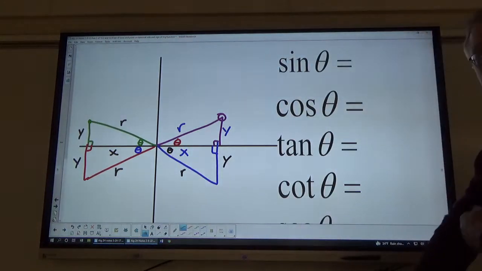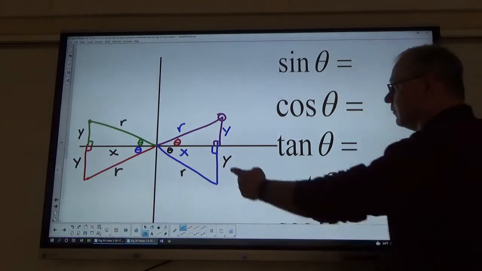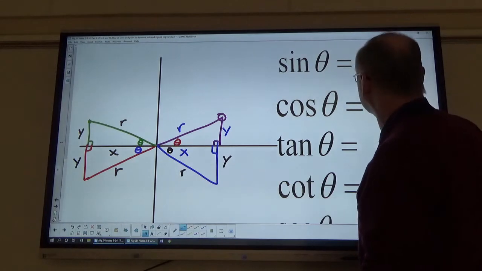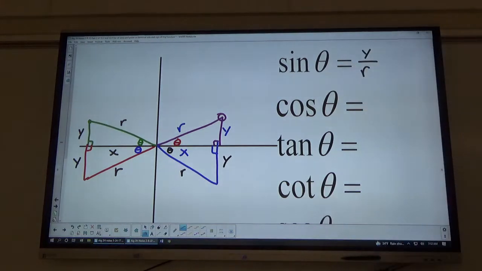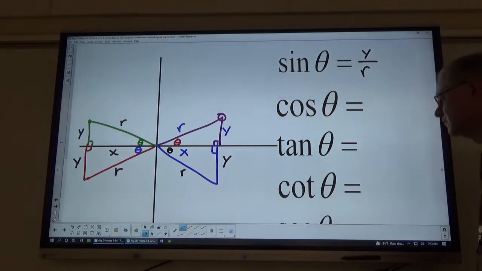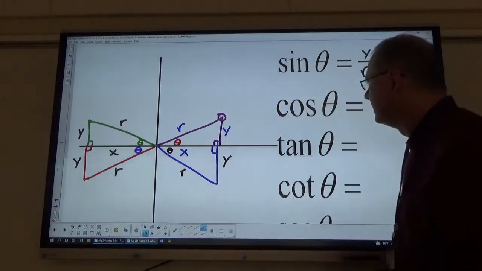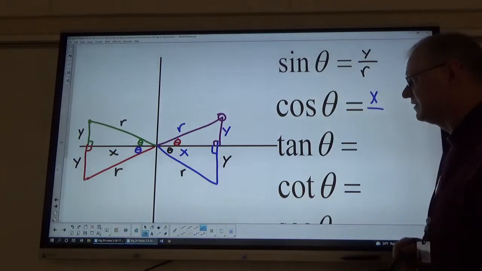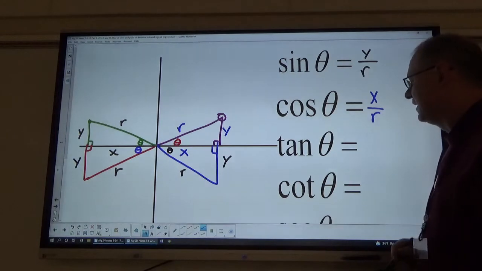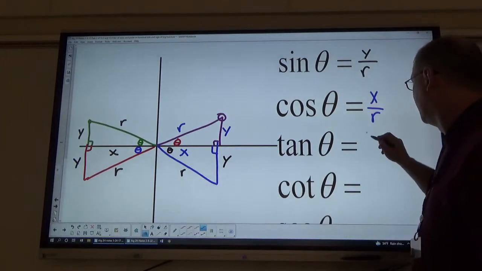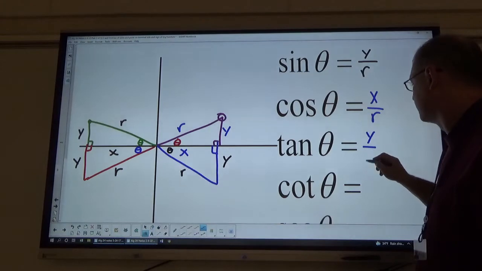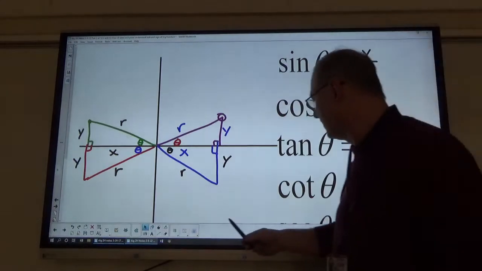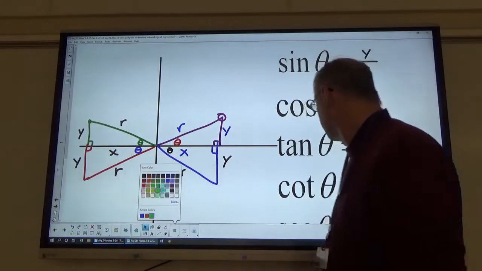Y happens to be the opposite, so sine is going to be y over the hypotenuse, radius r, and I'll show you why it's radius soon. Cosine is x, x is the adjacent in all of these, over r, and tangent is opposite, y over x, the adjacent. Let me just adjust that color. There we go. All right.